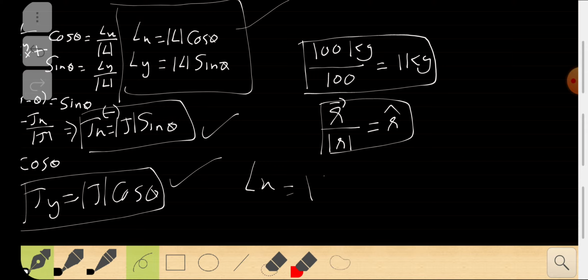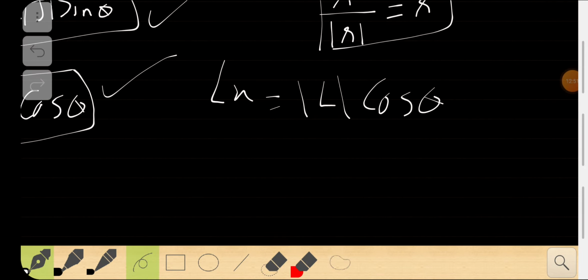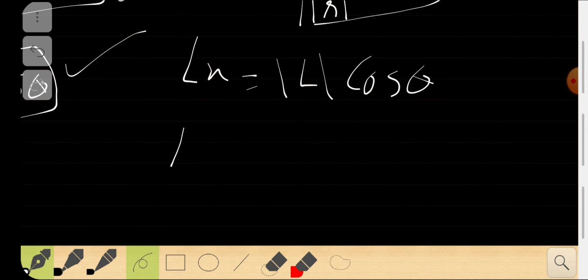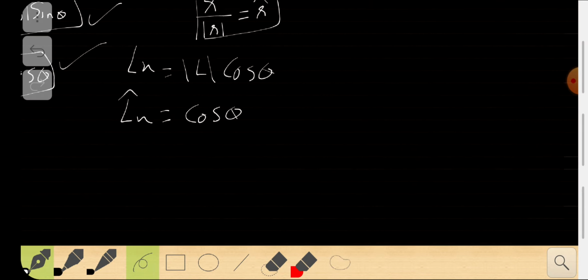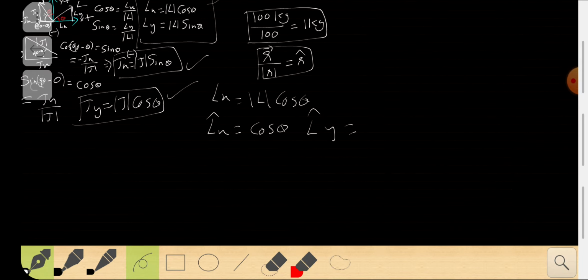Lx is equal to L cos theta. You can divide the left hand side and the right hand side by the magnitude, and you get the unit vector lx cap, which is cos theta, right? Similarly, ly cap is equal to sin theta.